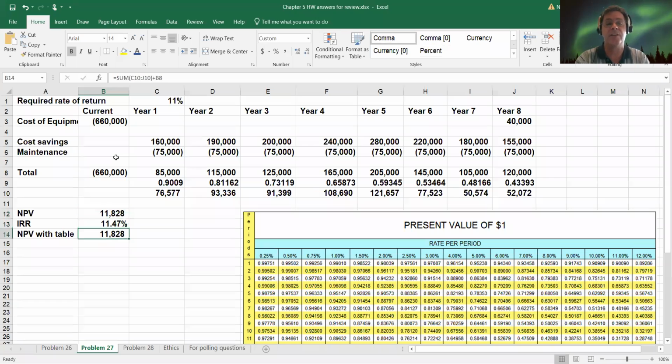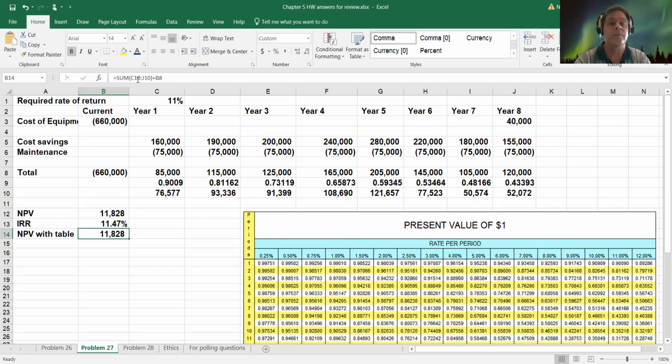And just in case you like to feel like you do it both ways, now you have to use a different set of factors because this is 11%. So to change it to 11%, we had to go over one column in this.